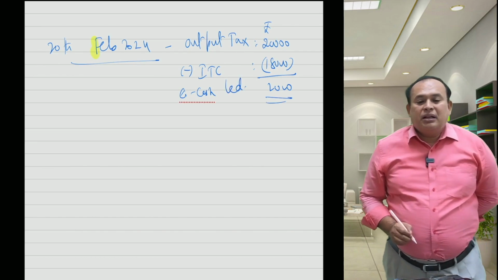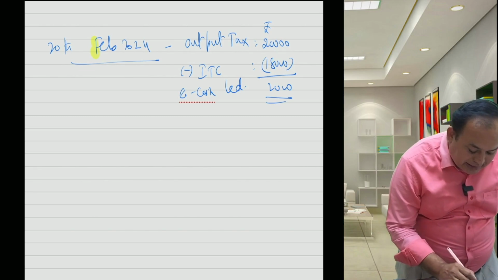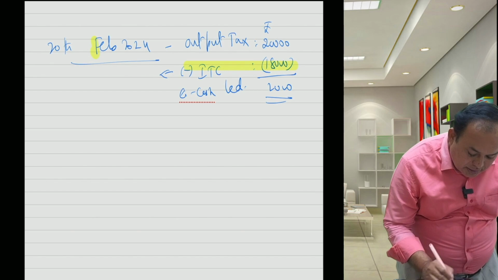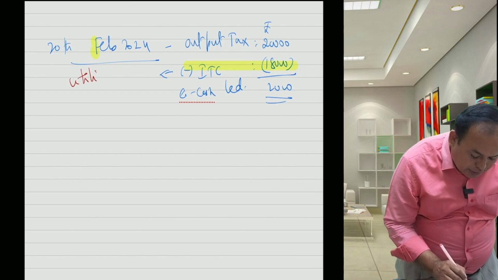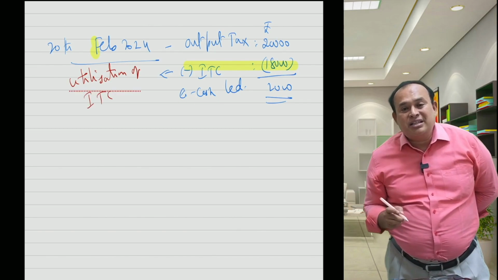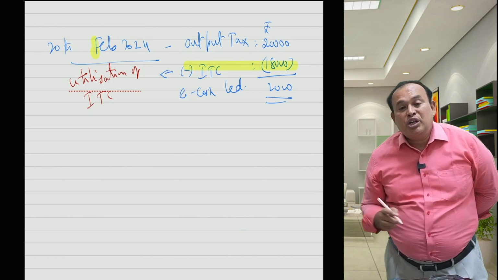This amount is known as utilization of input credit. So the count is reckoned from 21st February till the date of payment.